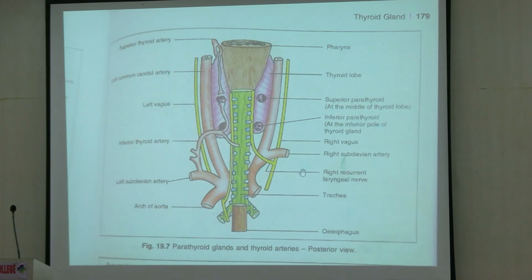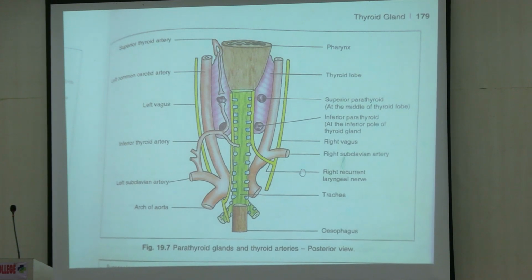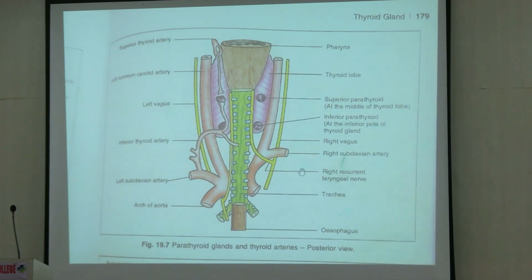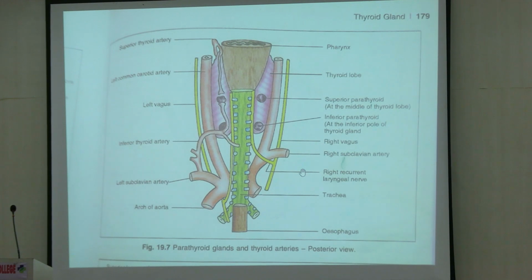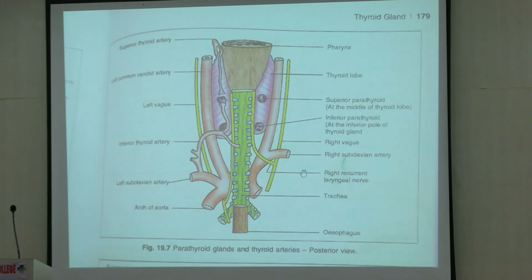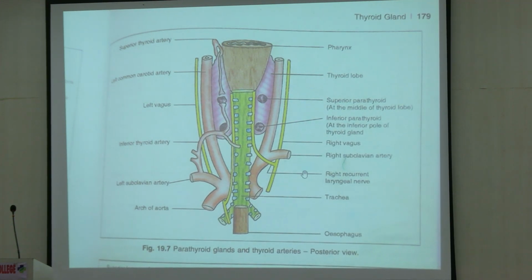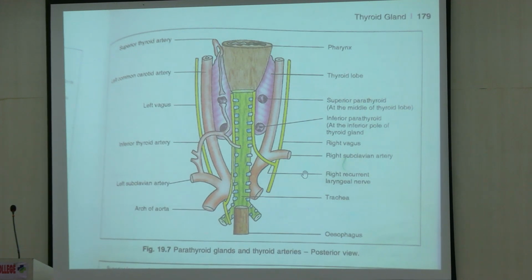Now you see the recurrent laryngeal nerve. It is passing through the branches of the inferior thyroid artery, right?